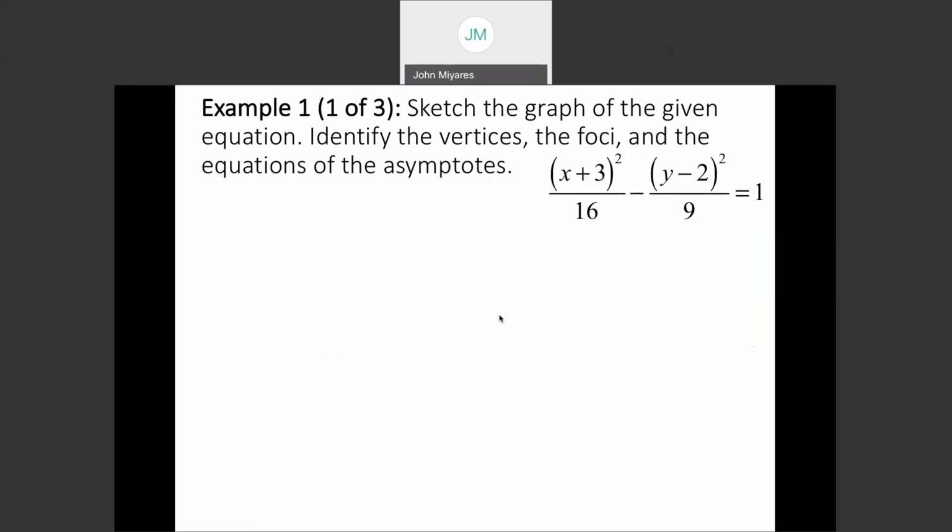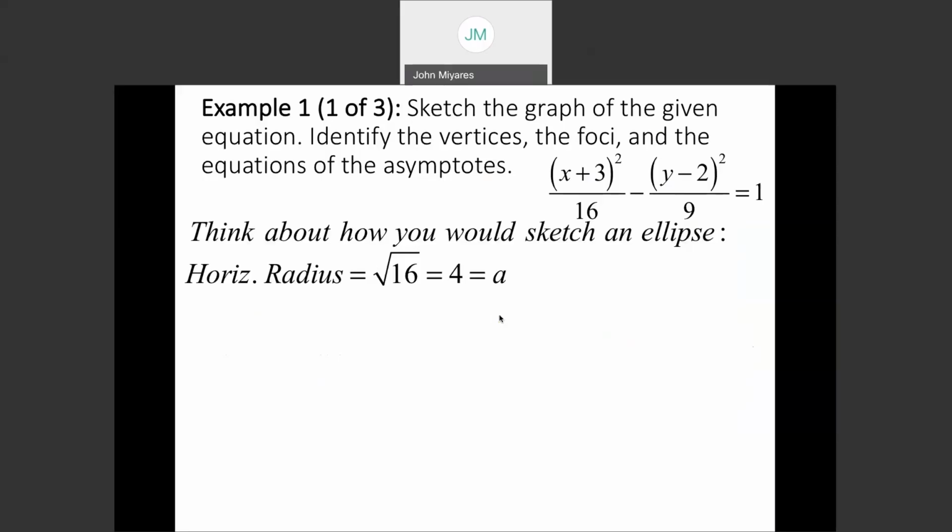Here's my suggestion. Think about the processes you would use to sketch this if it were an ellipse instead of a hyperbola. Most of the properties are the same, so let's start with that. The horizontal radius will be the square root of the denominator of the x term, which will be the square root of 16, or 4.